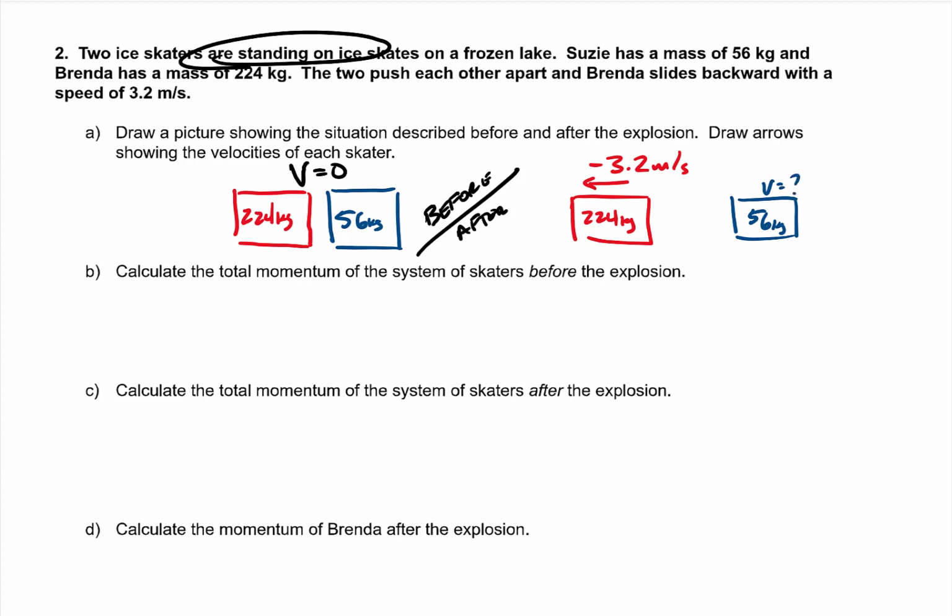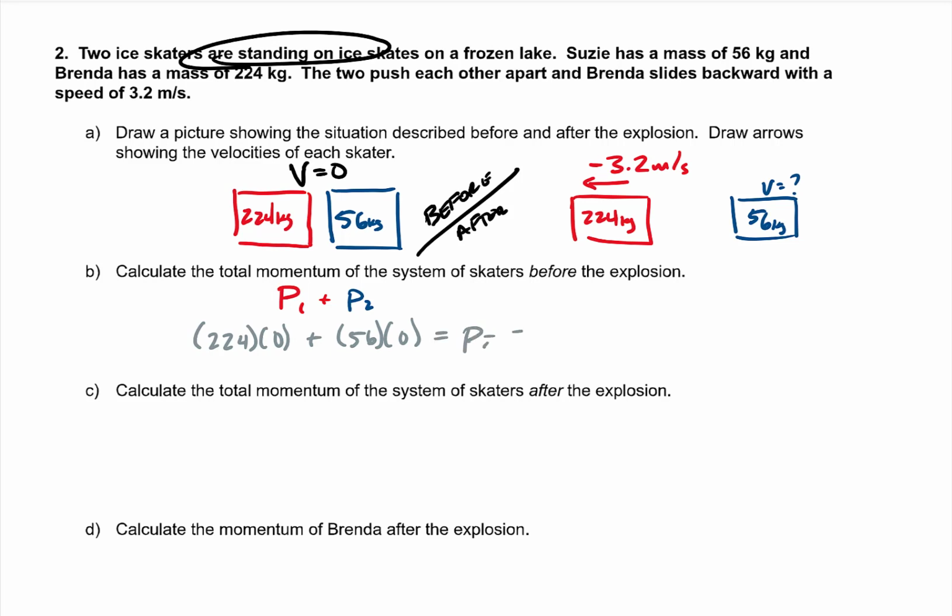Total momentum of the system before. So our momentum before is momentum of Brenda plus the momentum of Susie. So we've got Brenda's mass, 224, times her velocity of 0, plus Susie's mass of 56, times her velocity of 0.